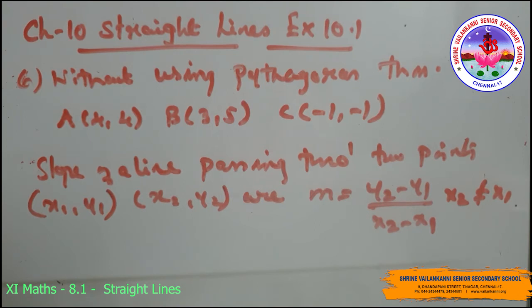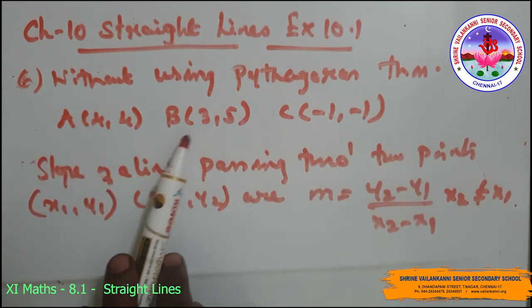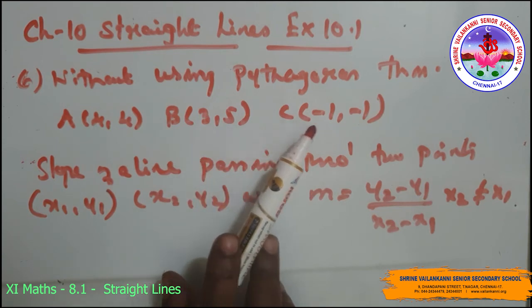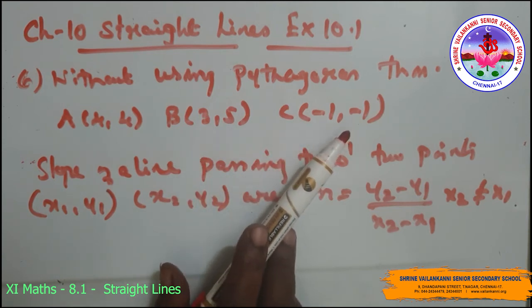Sixth question, without using the Pythagoras theorem, show that the points (4, 4), (3, 5) and (-1, -1) are the vertices of a right angle triangle. The vertices of the given triangle are A (4, 4), B (3, 5) and C (-1, -1).